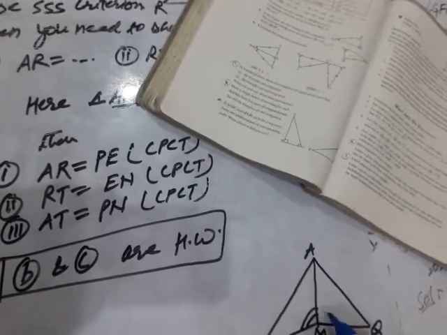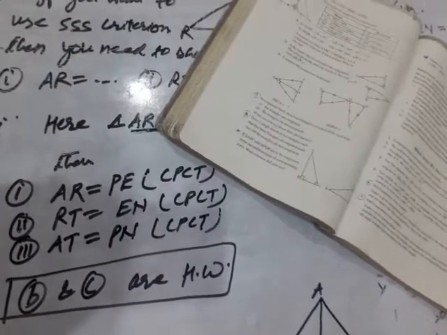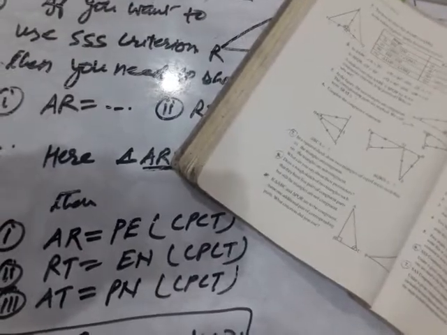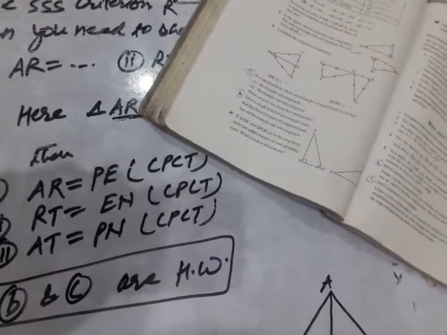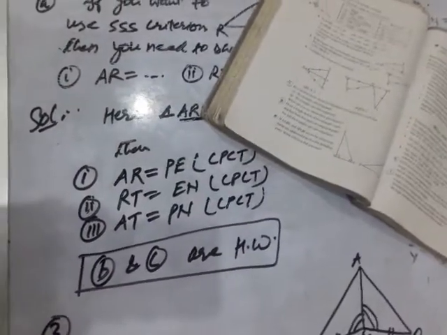This angle is equal to this angle is equal to this angle, clear? And what else are the similar markings? This side is equal to this side. Then now let us find out.